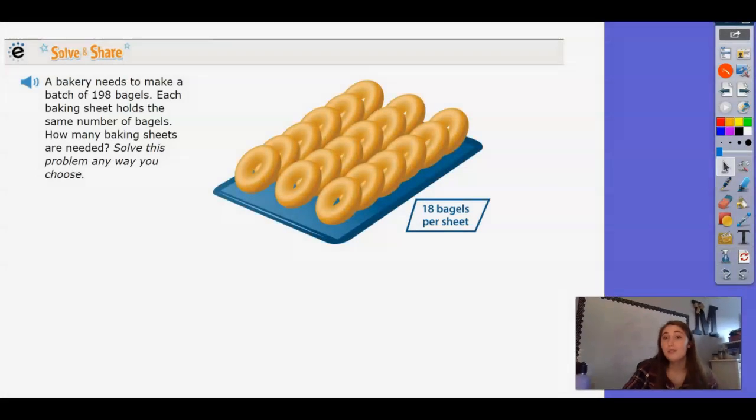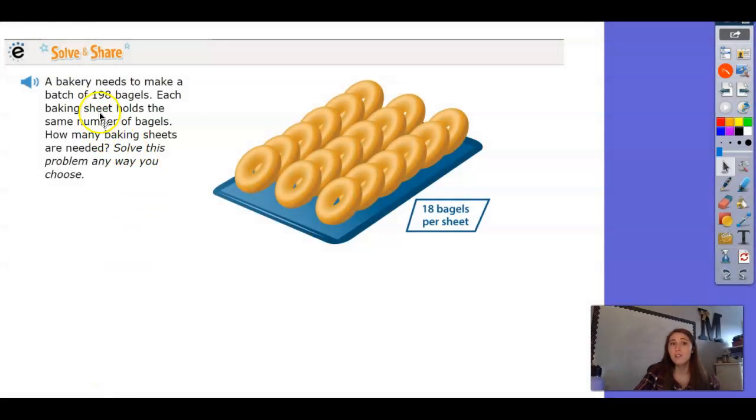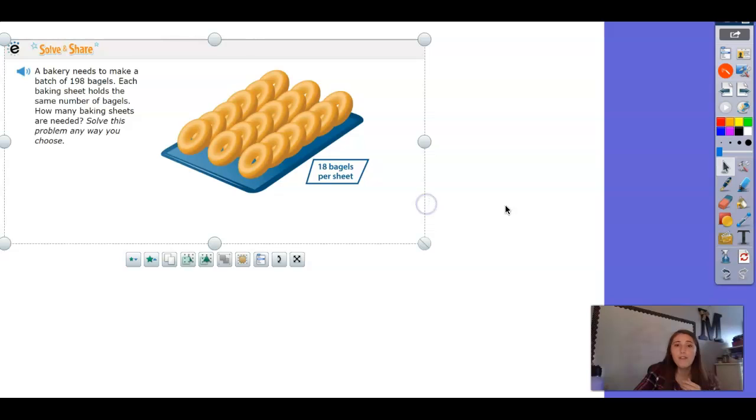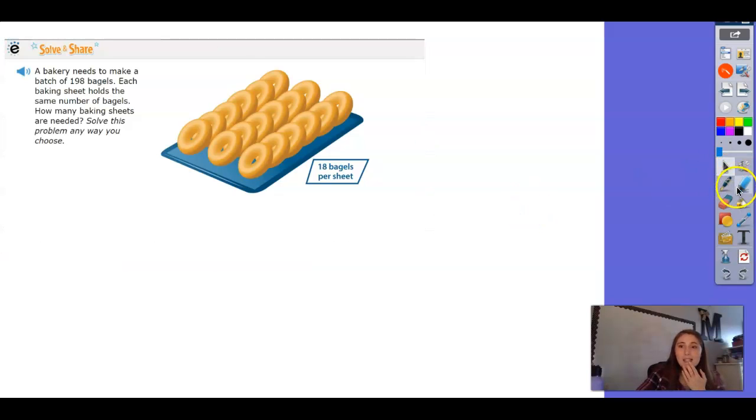We're going to start with our solve and share for today, which is a bakery needs to make a batch of 198 bagels. But each baking sheet only holds about 18 bagels. So they need to find out how many sheets they need. Two numbers stand out to me: the 198 bagels and the 18 bagels per sheet.